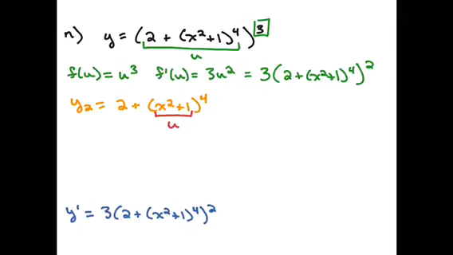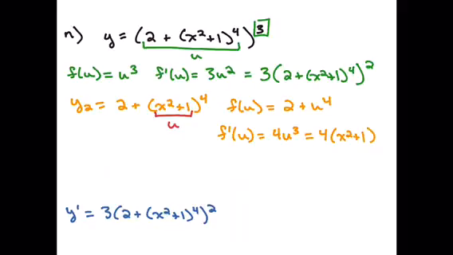And if I write this function in terms of u, I get 2 plus u to the 4th. Its derivative, then, the derivative of 2 is 0, and I get 4u cubed. If I write that in terms of x, that would be 4 times (x squared plus 1) cubed. So that's the derivative of that part of our function.